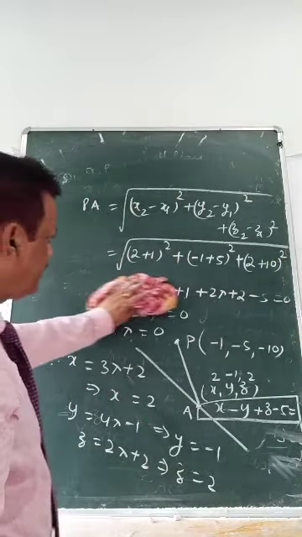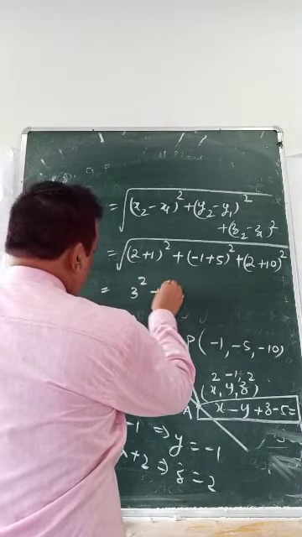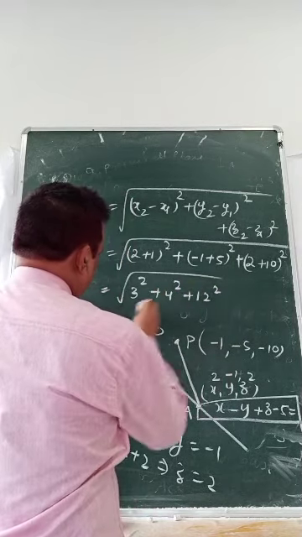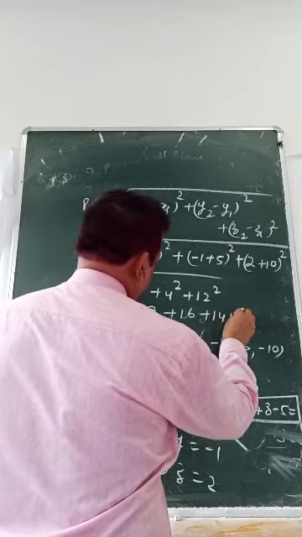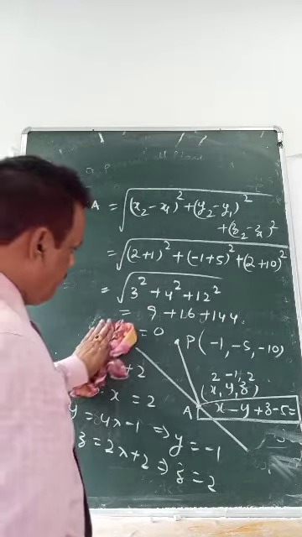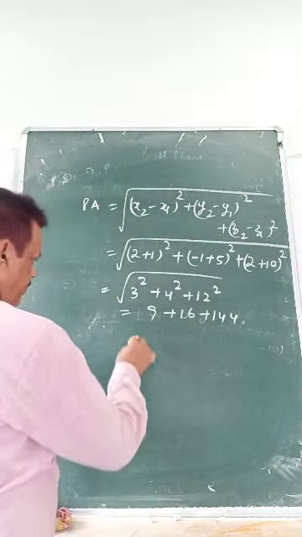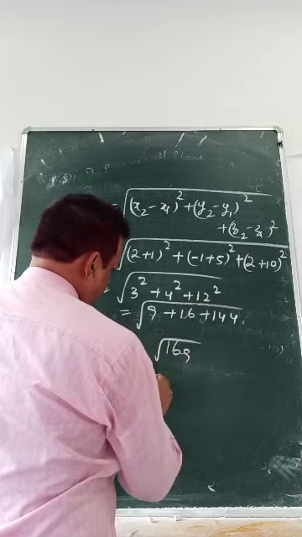So how much you get? 3 square, 4 square, 12 square. 3 square means 9 plus 16 plus 144, that is 169. Value is 13.